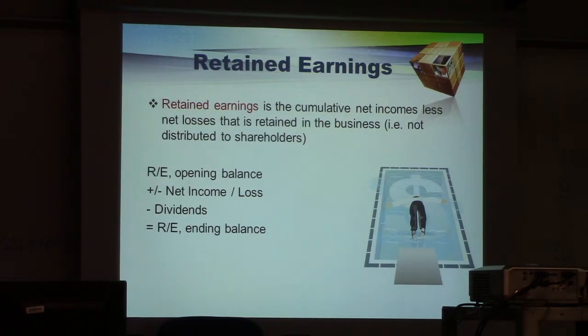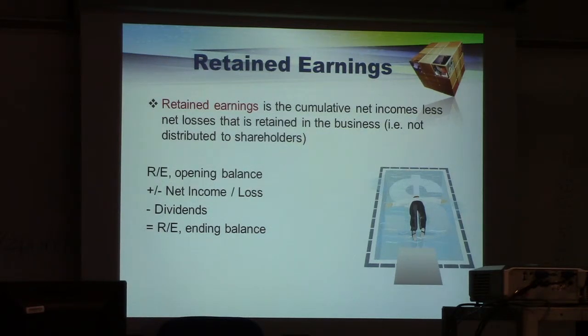So retained earnings opening balance, which means retained earnings from the previous year, plus or minus net income or loss. You would obviously increase this by net income or decrease it by net loss, and then you subtract the dividends that you have declared, and then you have your retained earnings ending balance.